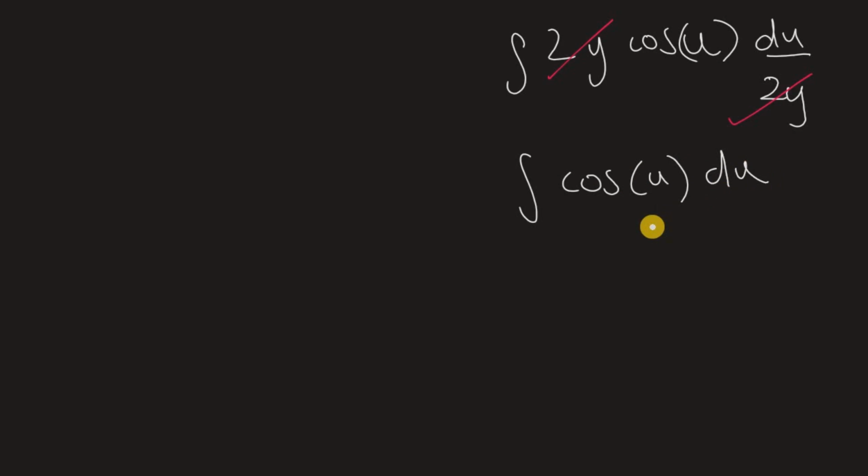Now let's integrate this cosine of u. The integral of cosine of u is sine u. If you don't know how to do this, let me explain. The derivative of sine x is cosine x.